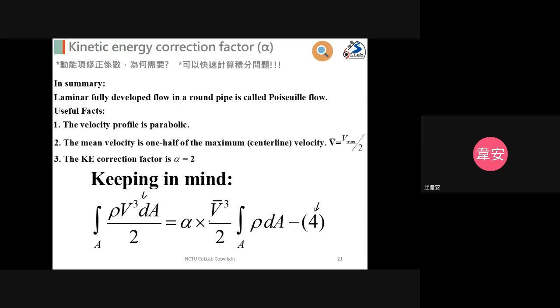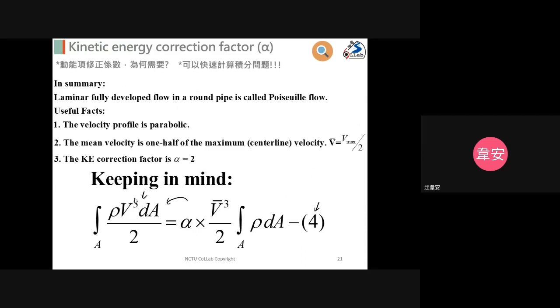If we have the alpha value already, we can simply multiply alpha by the integration for the assumption of uniform flow profiles, and then we can rapidly compute the complicated integration showing on the left hand side.